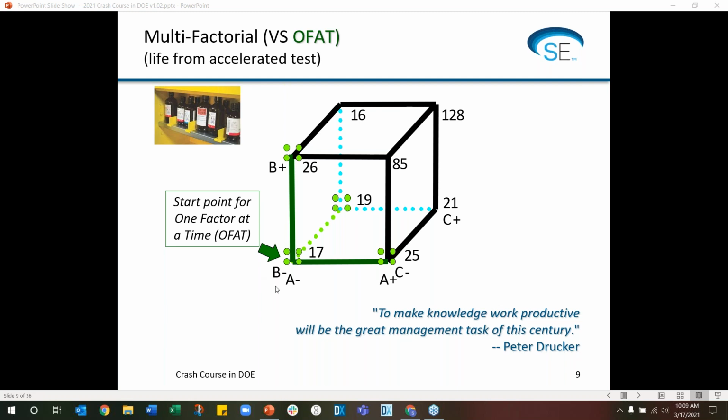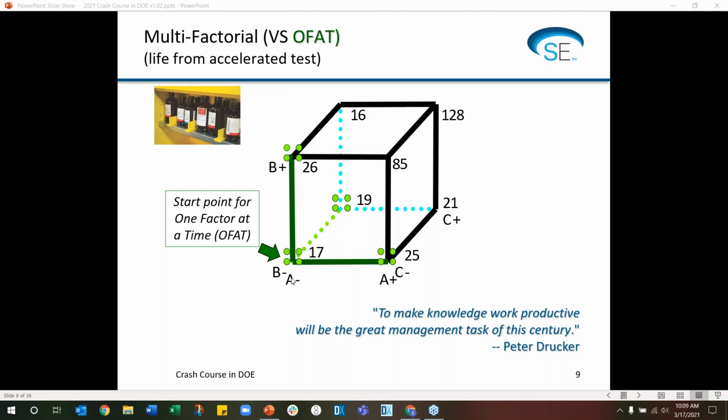Their current process gave them results of 17. They were trying to change a variety of variables to find a way that they could at least double that output response. So if they're at 17, they're looking for responses of maybe 34 or so.